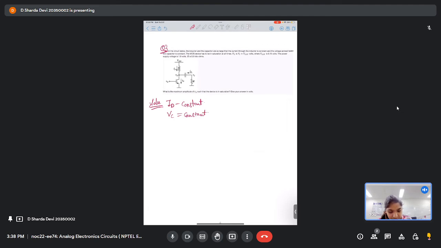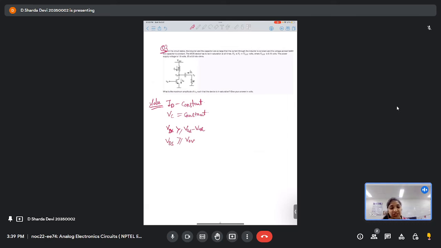So for saturation, what is the condition? VDS should be greater than equal to VGS minus VTH, or should be greater than equal to V overdrive.